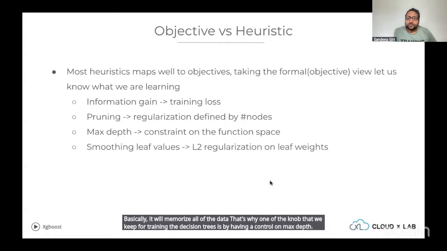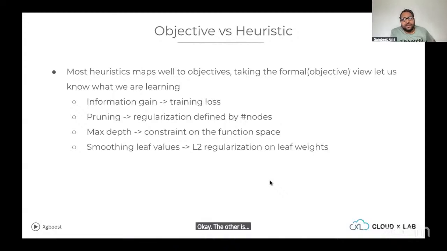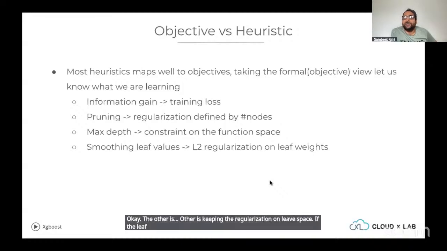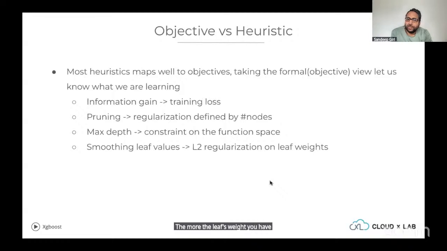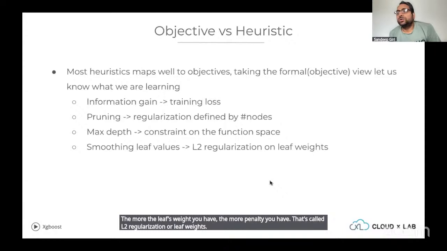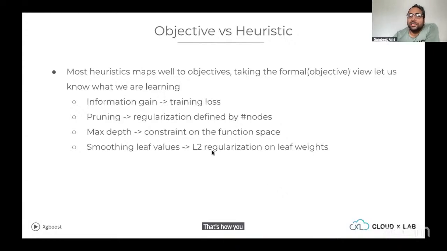The other is keeping regularization on leaf weights. The more leaf weight you have, the more penalty you have. That's called L2 regularization on leaf weights. That's how you control overfitting versus underfitting in a usual decision tree.